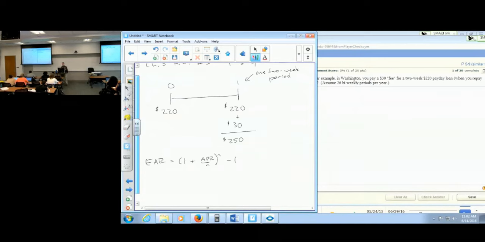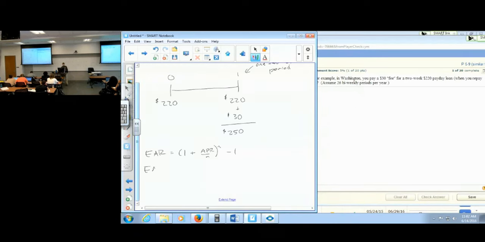So when I solve for the rate, I'm going to have the periodic effective rate, right? I'm going to have that little r. So the actual variation of this formula I'm going to end up using is this. So there are two variables in that equation. There's r, the periodic effective rate, and there's n, the number of compounding periods per year.